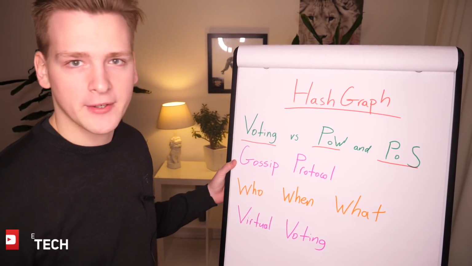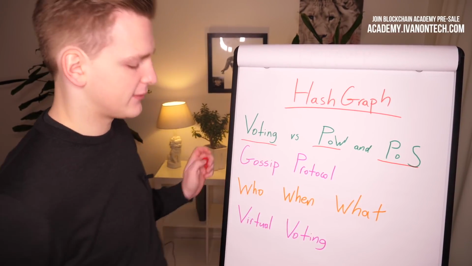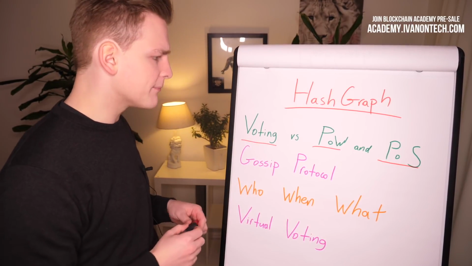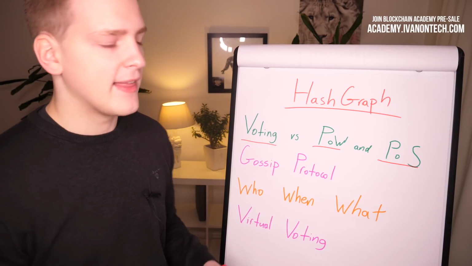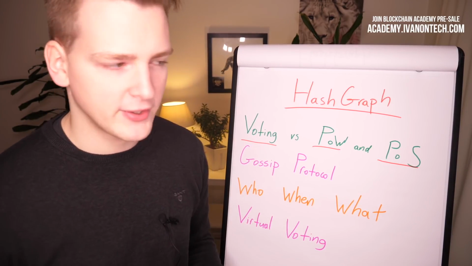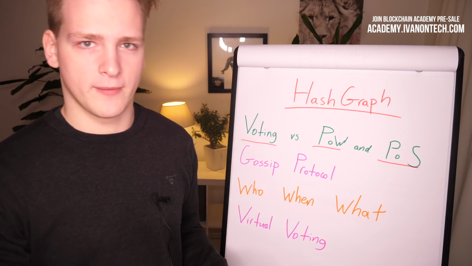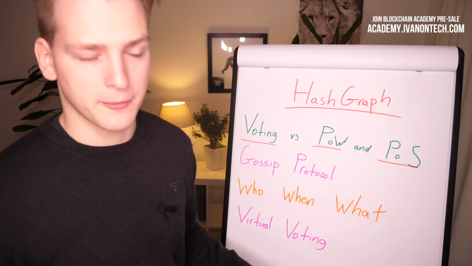If you look at their talks and their presentations, they want to be a voting algorithm. Let's talk about proof of work and proof of stake really quickly. In proof of work, we have miners who mine the next block. They spend electricity and computational resources, and the advantage is, of course, that it is extremely secure. The computational power securing the network is often enormous.